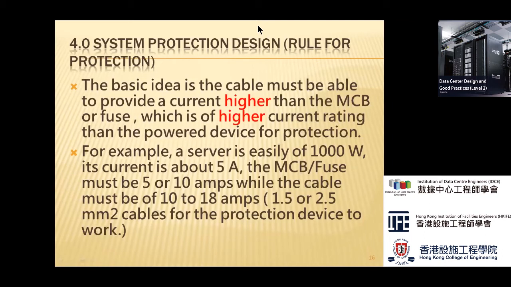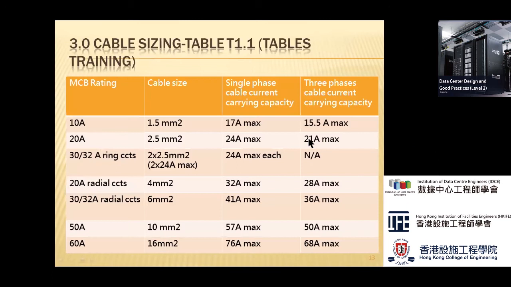Now, number 4, let's talk about system protection design. The rule for protection: the basic idea is the cable must be able to provide a current higher than the MCB or fuse we discussed before. That's why in this table, let's move back to this table, you find that for the 10 amp MCB breaker, cable size 1.5, the current is actually 17 amp.